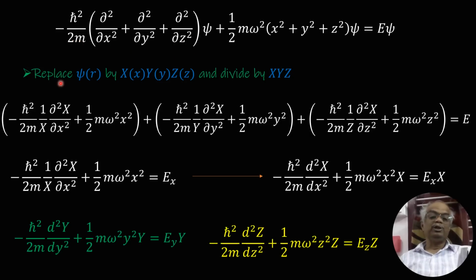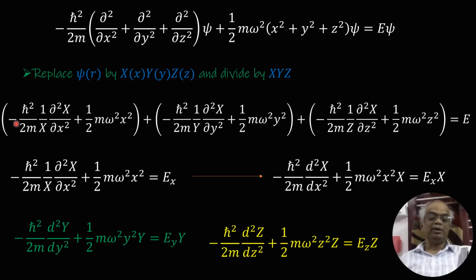What we are going to do is replace psi of r by capital X, which is a function of x alone, times capital Y, a function of y alone, times capital Z, a function of z alone, and divide by XYZ. Then group the x, y and z terms.